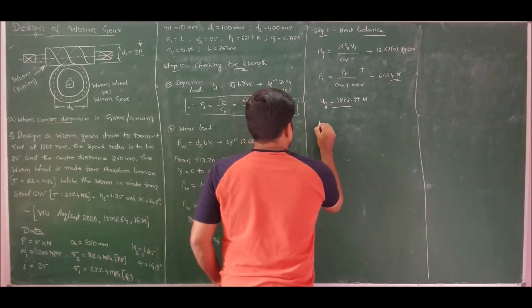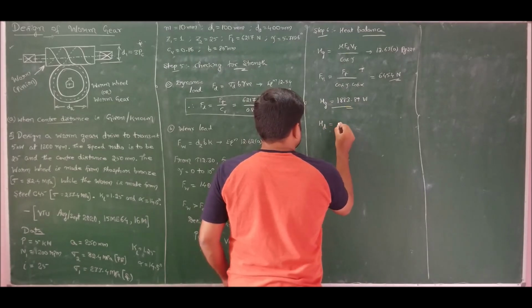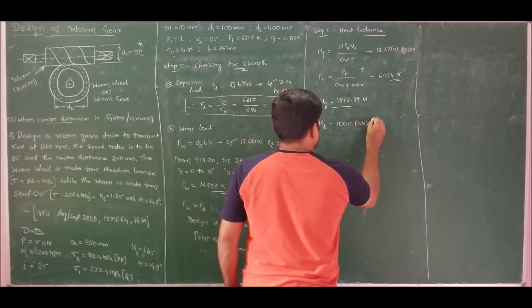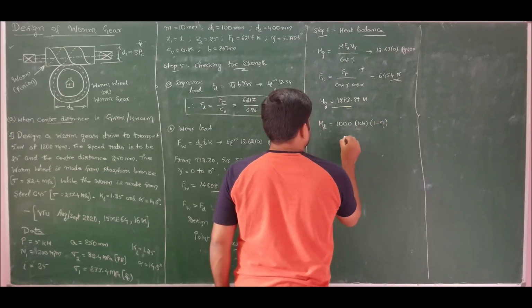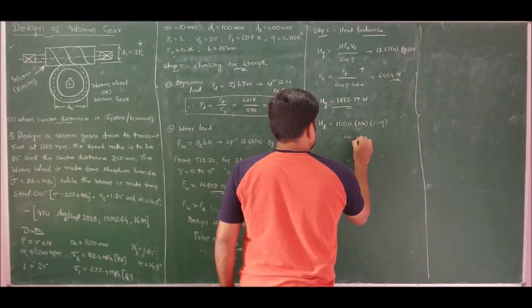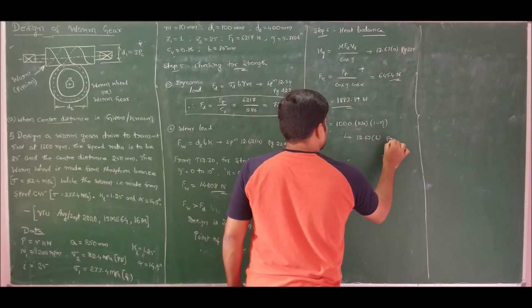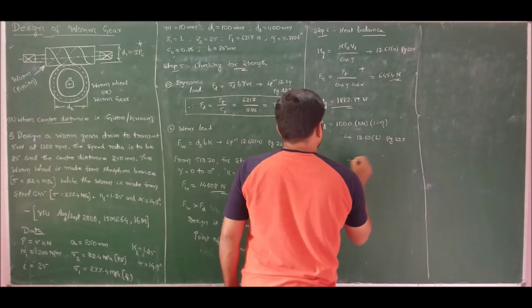And coming for heat dissipation, it is given by 1000 times power to be transferred in kilowatts into 1 minus eta. This is from equation 12.63b, referring to page 227.